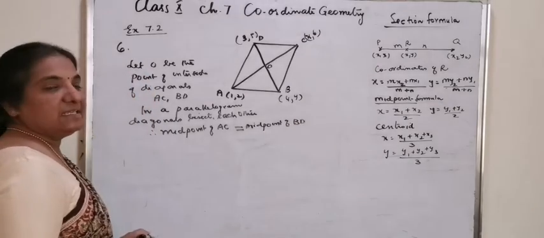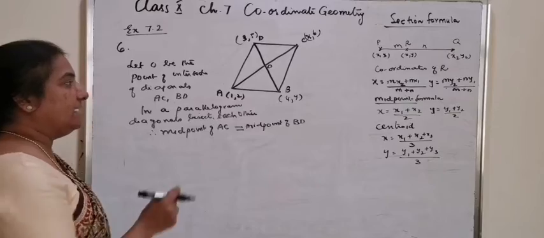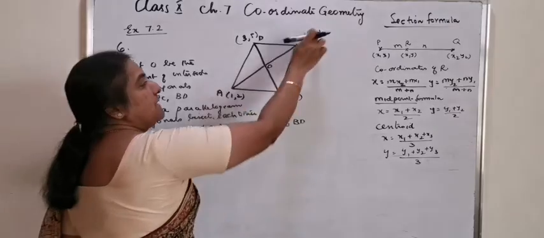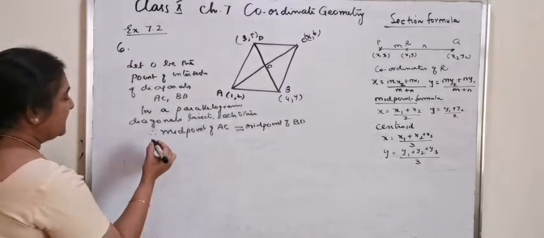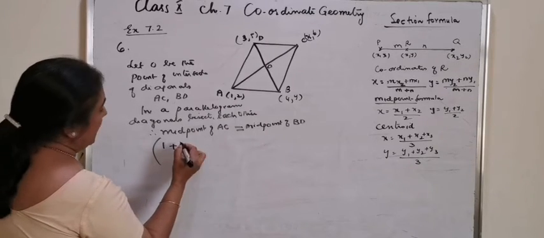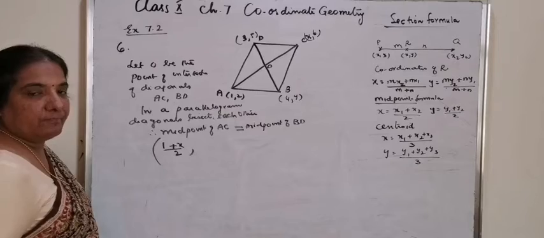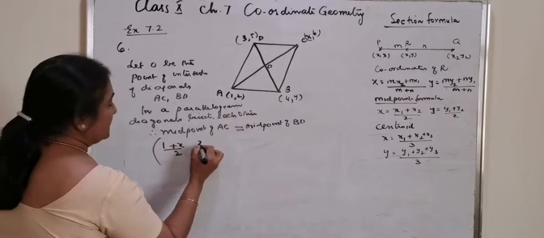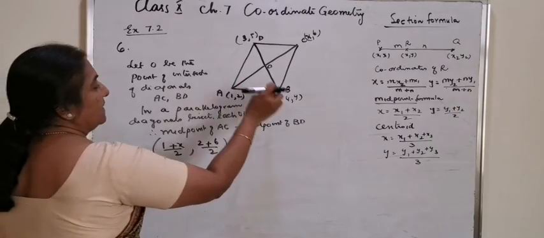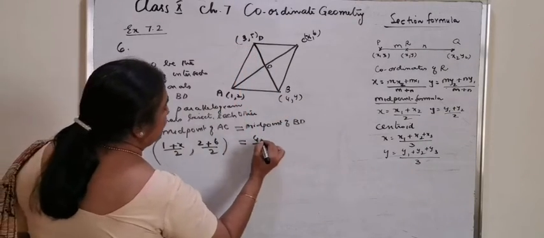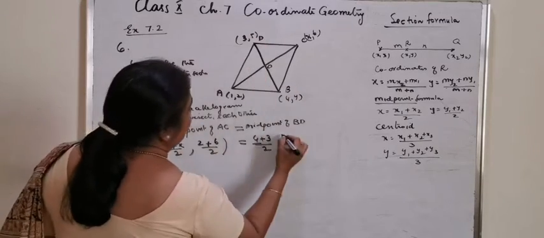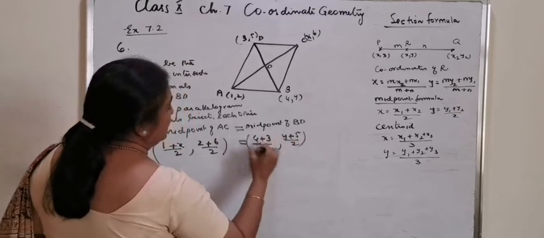By the midpoint formula, the x coordinate is (x1 plus x2) by 2 and the y coordinate is (y1 plus y2) by 2. The midpoint of AC is ((1 plus x) by 2, (2 plus 6) by 2), and the midpoint of BD is ((4 plus 3) by 2, (y plus 5) by 2).